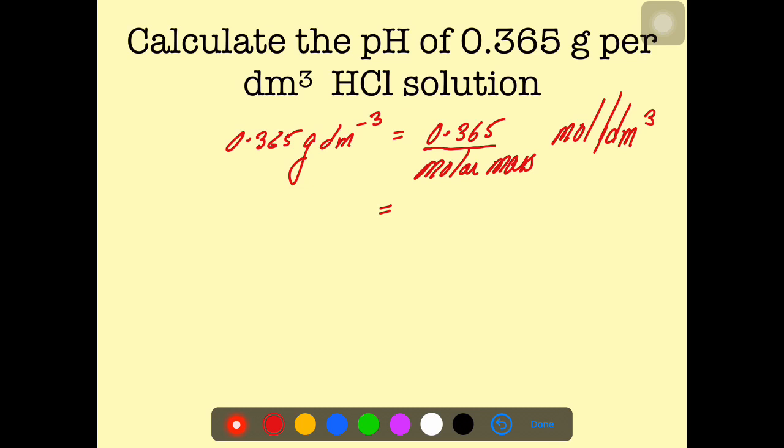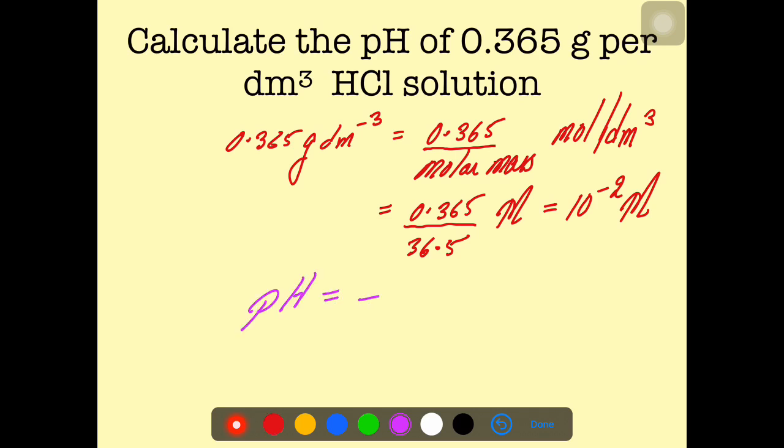The molar mass of HCl is 36.5, 35.5 coming from chlorine and 1 coming from hydrogen, and that makes it 10 raised to minus 2 moles per decimeter cube, and therefore the pH of the solution will be negative log of 10 raised to minus 2, which is equal to 2.